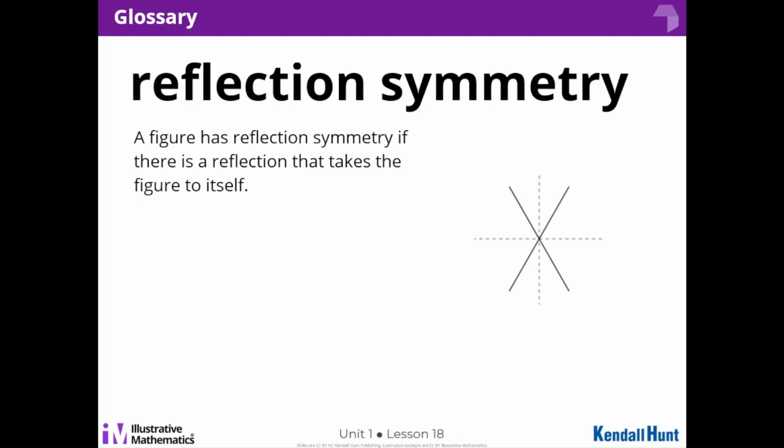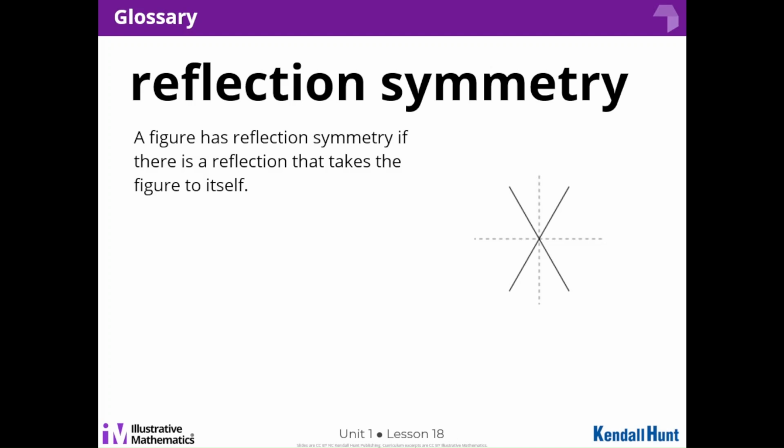Reflection symmetry. We say that a shape has reflection symmetry if you can reflect across a line and reflect it onto itself. So in this case, this X shape that we have, you could reflect the top on the bottom or the bottom on the top, and the lines would match up perfectly.